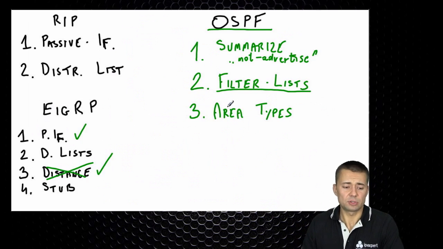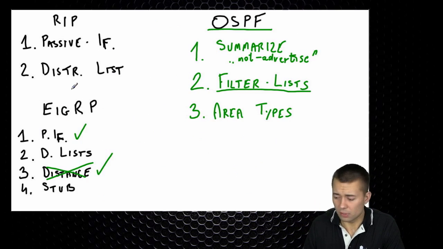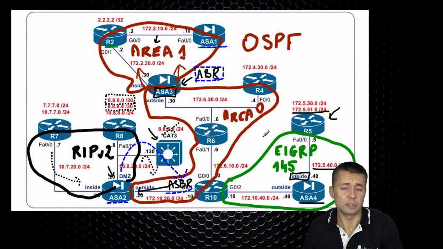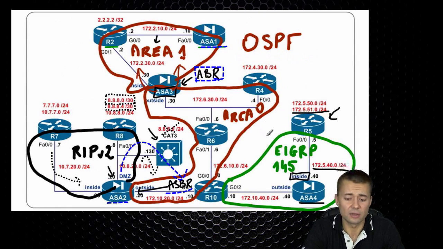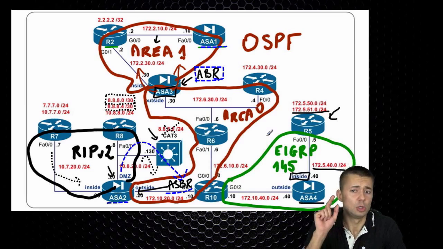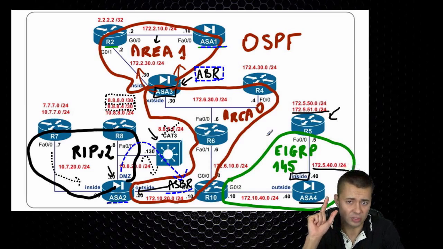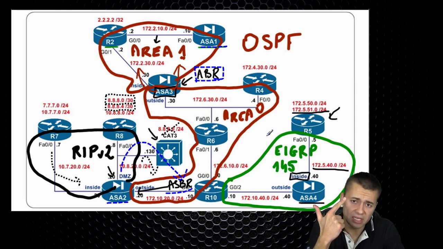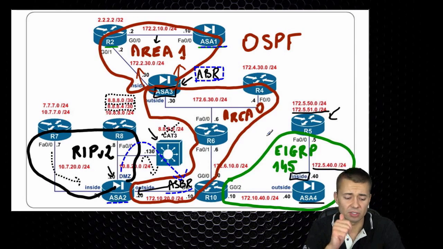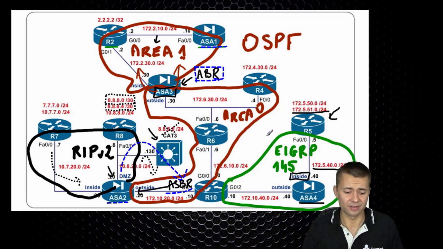Okay, and finally, the last option I would like to show you here is to use redistribution, and one feature that is available on the ASA specifically, namely the ability to create 2 different OSPF processes on a single firewall. Because for RIP and EIGRP, you can only have one instance of the protocol running on the device.